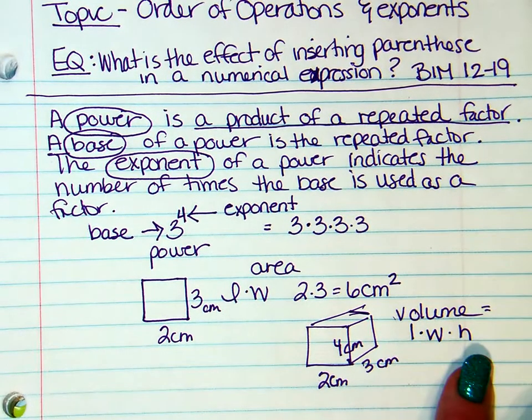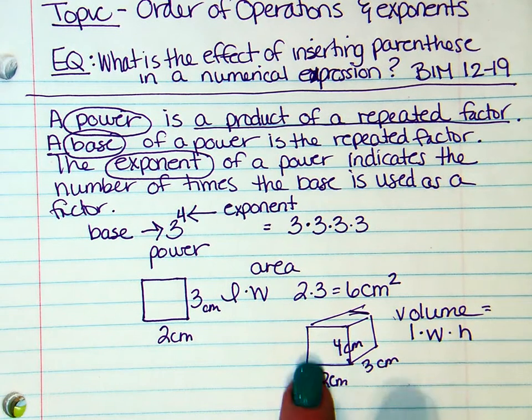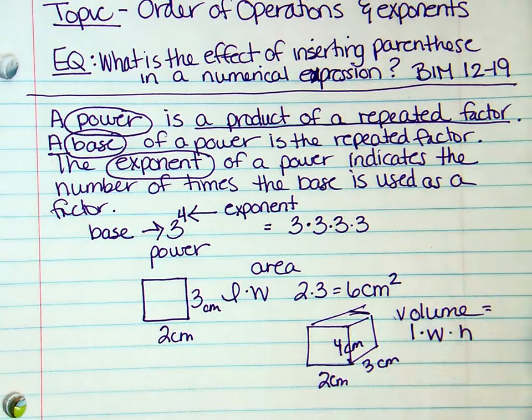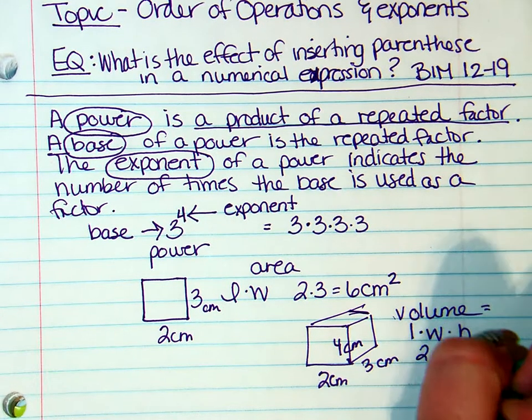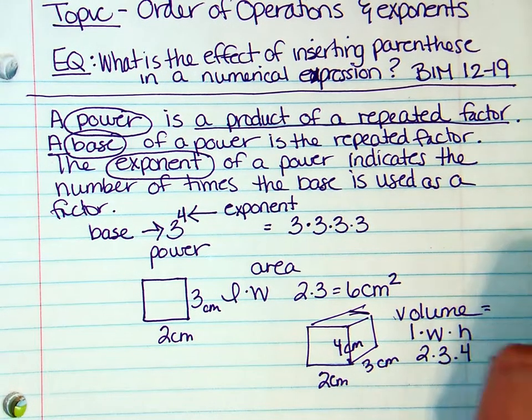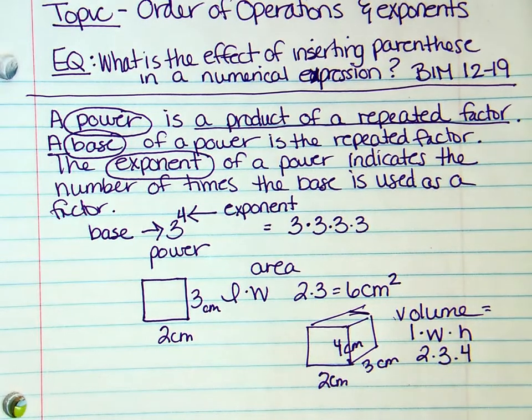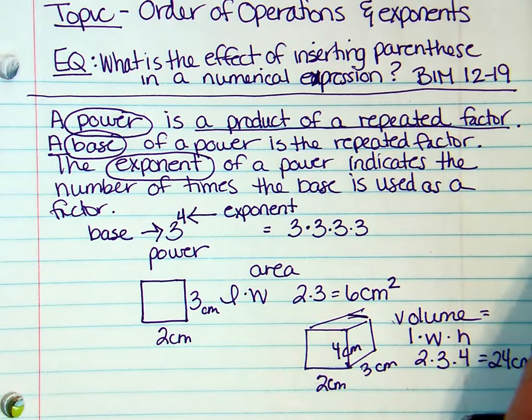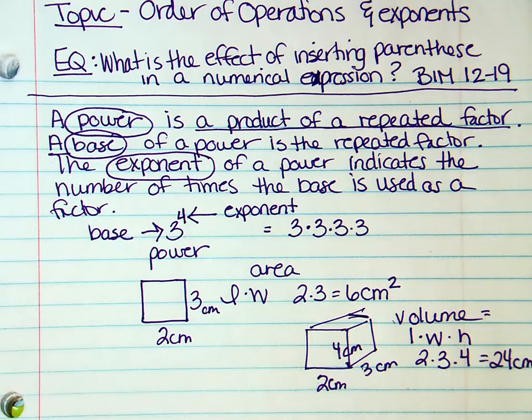You have the third component. And since you're now getting that third element, you're going to cube it. So we would do 2 times 3 is 6. 6 times 4 is 24. And you would do it to the third power, cubed. That's one way that we use exponents in the real world.